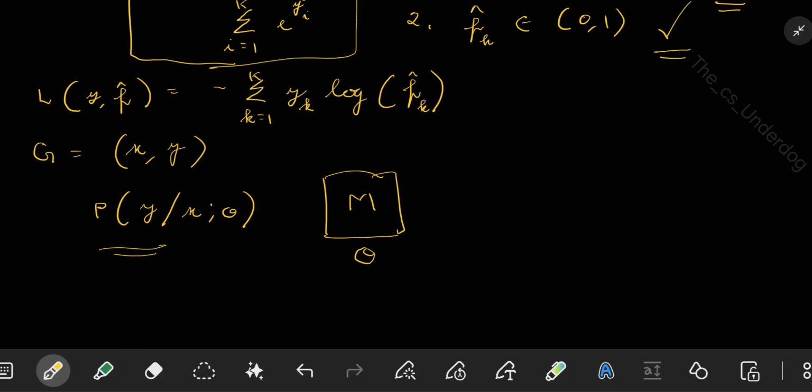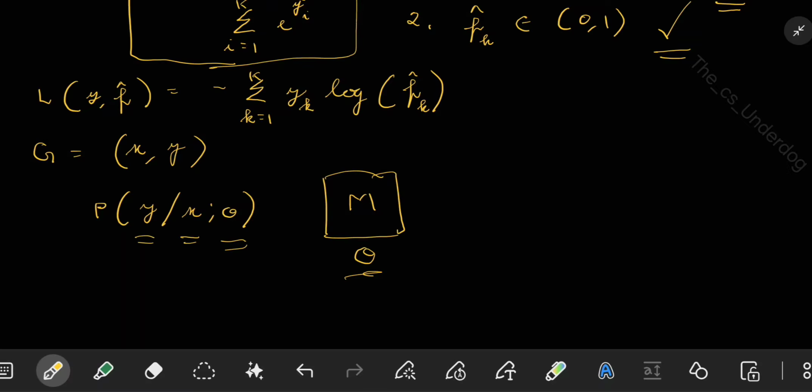What should this be? It is the model's predicted probability of the correct class, where y is the correct class. What is the condition which will make the chances of the correct class being high? Given input x and the model parameter theta, you want such a theta. Why am I saying you want such a theta? Because your x is already fixed.